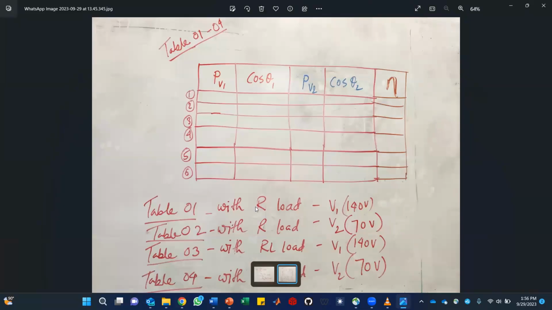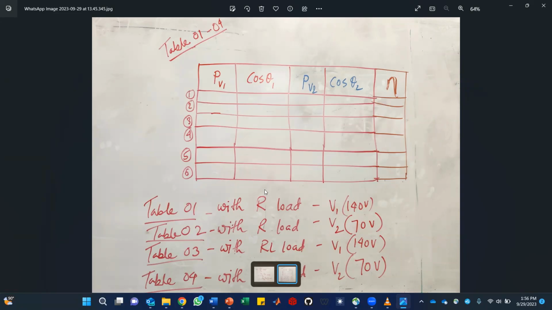So this is for R load when we supply to the primary side, and then we'll supply to the secondary side, and again we'll change R values and calculate the efficiency in accordance with these two values, PV1 and PV2.